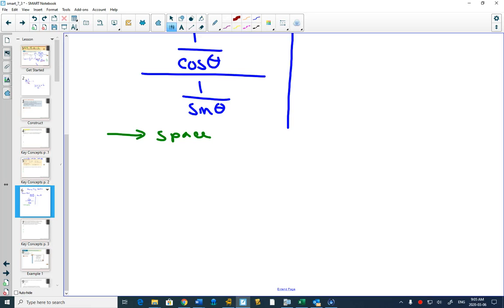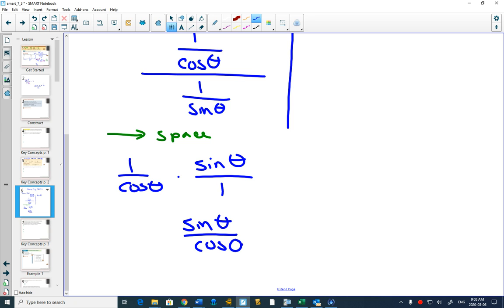So I'm going to leave a little space, and then write multiply by the reciprocal. So I have 1 over cos theta multiplied by sine theta over 1. How do I multiply fractions? Multiply the tops, multiply the bottoms, and now I have sine theta over cos theta. So I changed it to sine and cos, and I now have sine theta over cos theta.